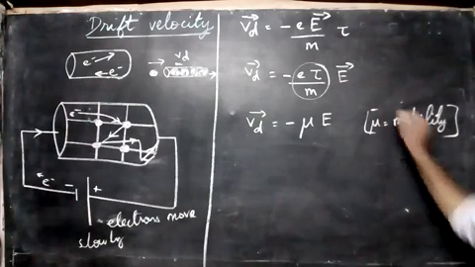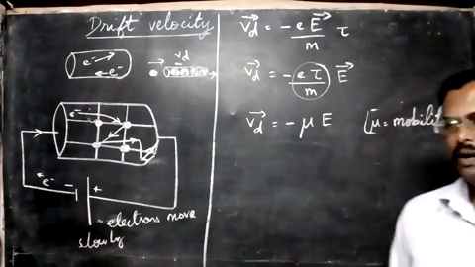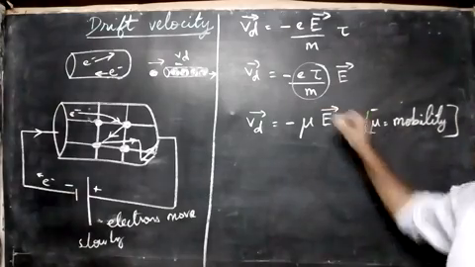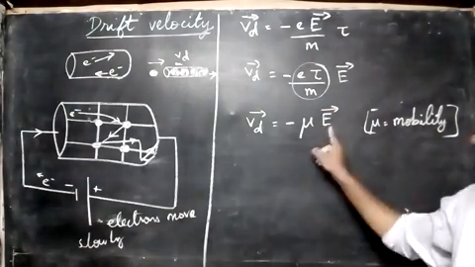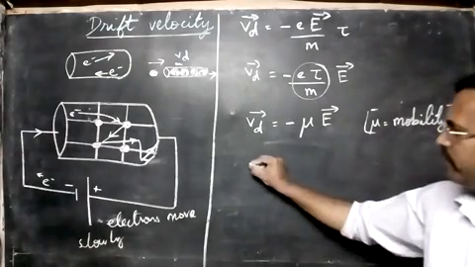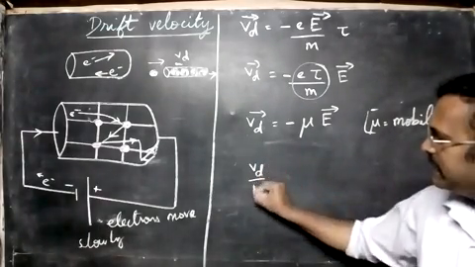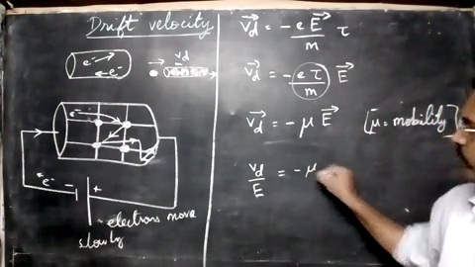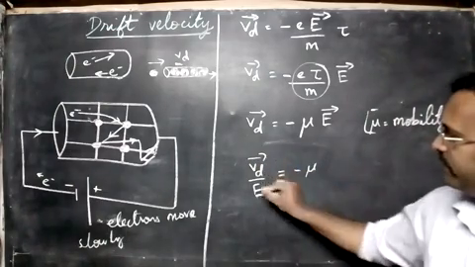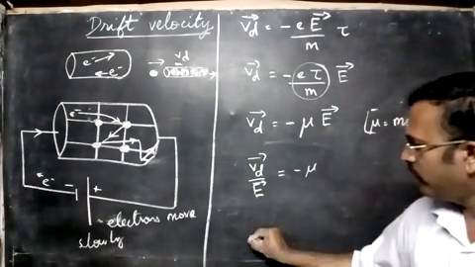So now let's see how to find mobility. We want to find the value of mu. Just cross multiply, or bring this E down. So what we have is VD by E is equal to minus mu. How to find mu from this?